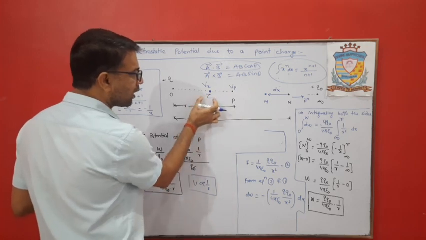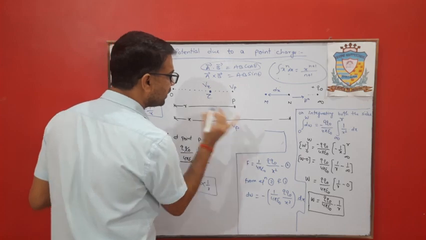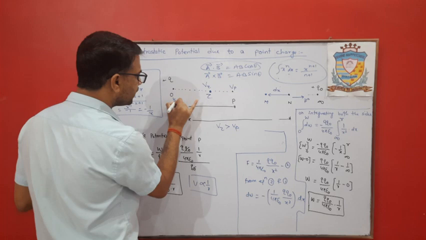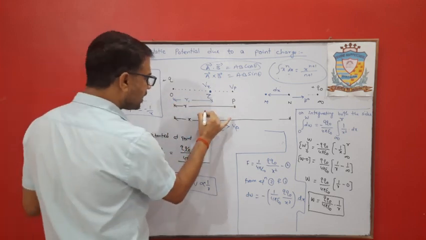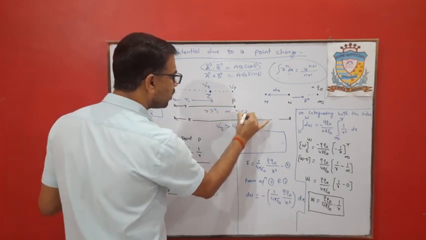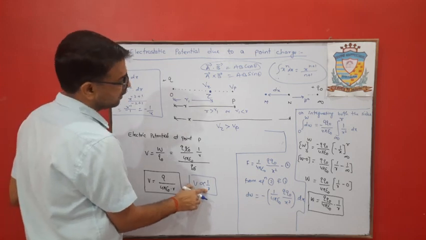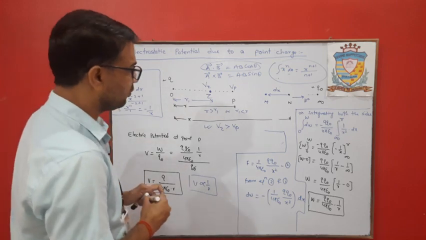So Vz is always greater than Vp. Reason behind it: if this distance is R, let this distance be R1. So from here you can see this R is greater than R1, or R1 is smaller than R. The lesser the value of R, the potential will be greater. So that's why this Vz is always greater than this Vp.